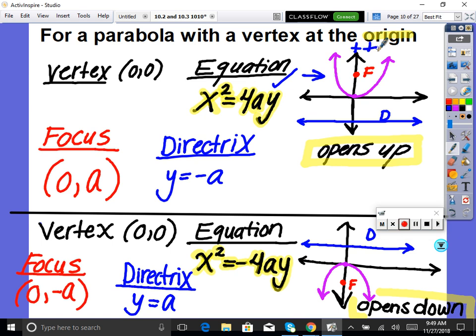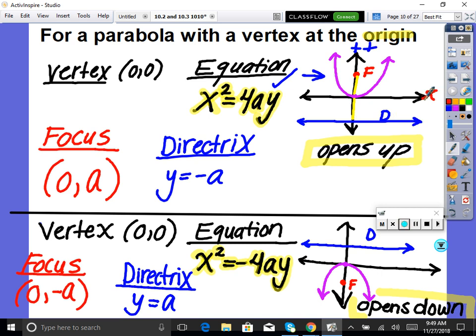The focus will always be inside the U, so we have some xy point right here inside our U. The directrix will always be directly down from that. We just talked about how they're going to be equidistant. That distance will be the same as that distance, correct, everybody? By definition, that's what a focus and directrix is. So let's look here. If I know the focus, now look, we know how xy points.